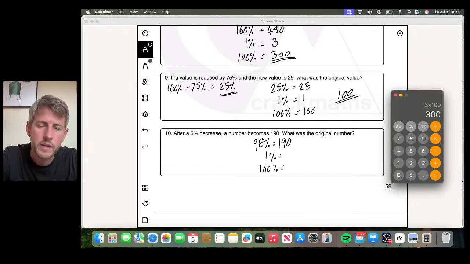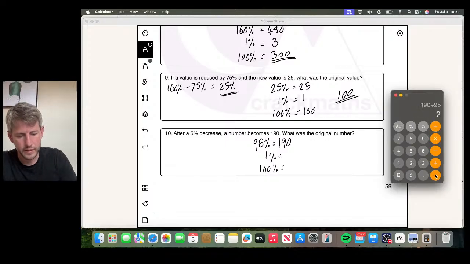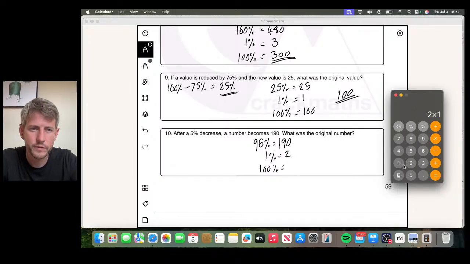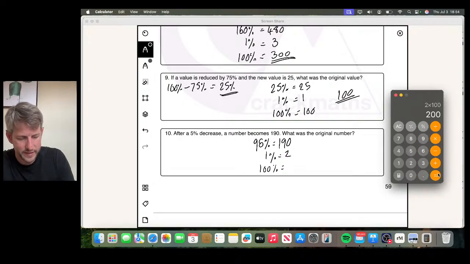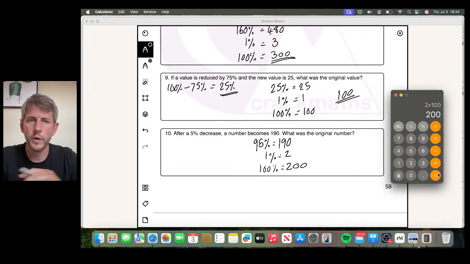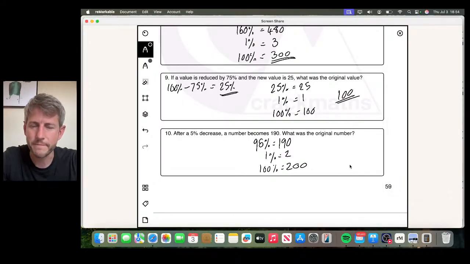So to go from 95% to 1%, we divide by 95. So we've got to do 190 divided by 95. So that is 2. And then we multiply that by 100, which will be 200. Okay, great.